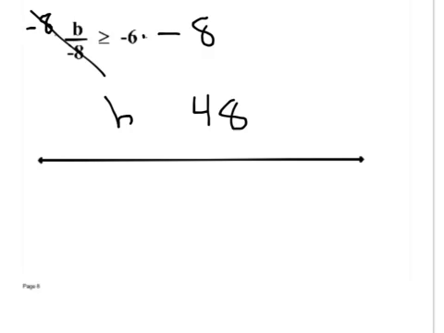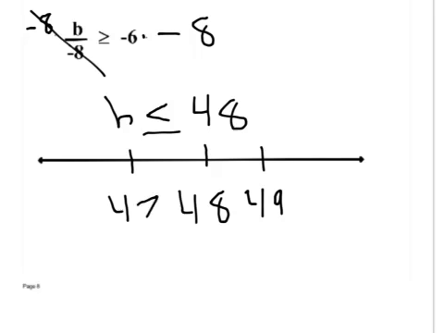Change it. I am multiplying by a negative number, so I have to change my sign. If I did not change my sign, would this be true? No. Now the variable's on the left, so I can use the arrow. It's a closed circle because it includes 48, going to the left.